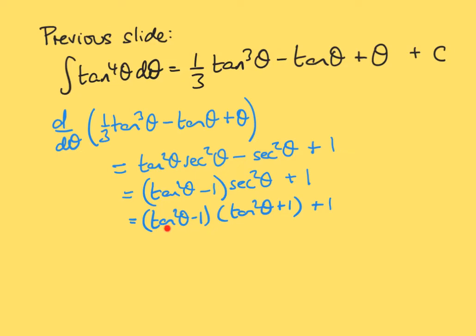And now we have tan squared theta minus 1 times tan squared theta plus 1, and multiplying that out, the cross terms will cancel. This is a very standard, useful algebraic identity. A minus b times a plus b is a squared minus b squared. So what we get is tan to the fourth of theta minus 1 plus 1. The 1's here, of course, are going to cancel, and we are left with tan to the fourth of theta, which is our initial integrand.